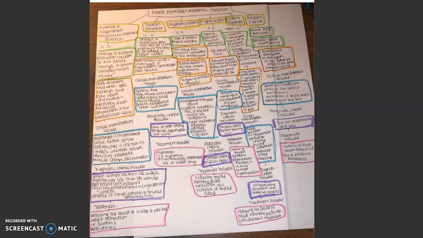For clinical manifestations, they include excess thirst, large volume urine output, urine highly dilute, loss of fluids, severe dehydration, and shock, and even death. To diagnose this, they look at past history, physical examinations, and lab work.